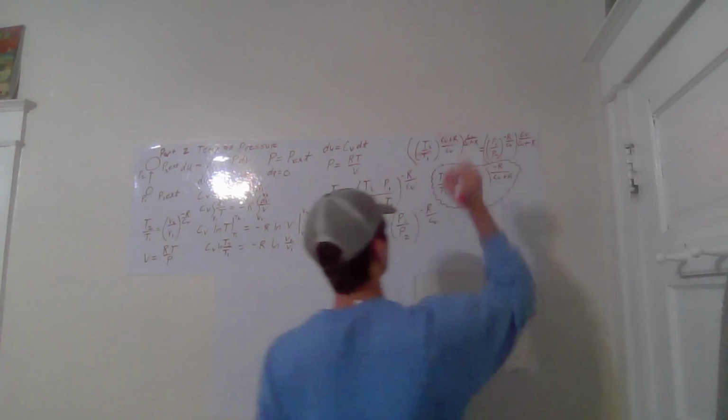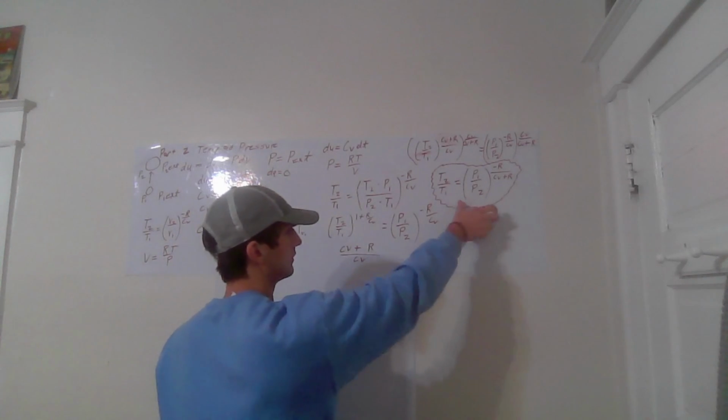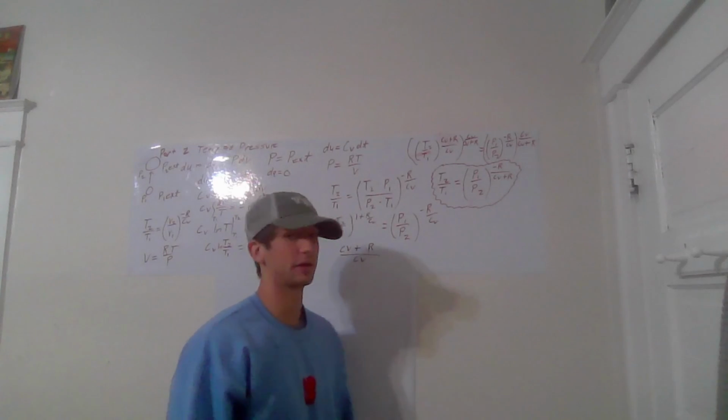We're going to combine the first equation and the second equation in part 3. And these are going to help us get our final answer for the reverse adiabatic expansion.